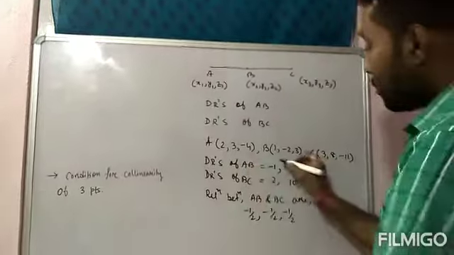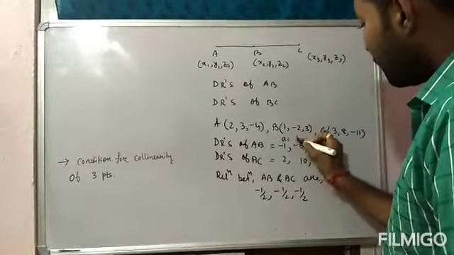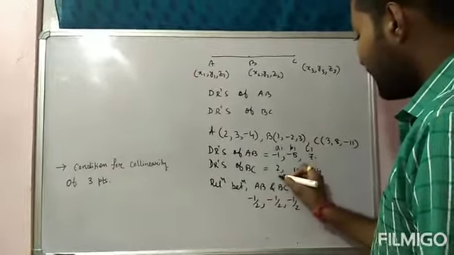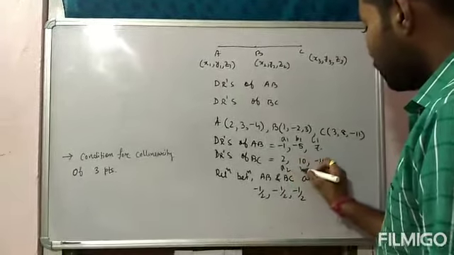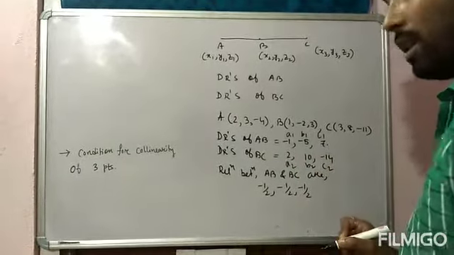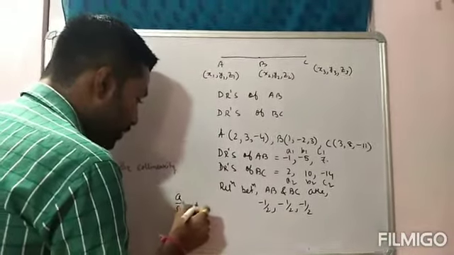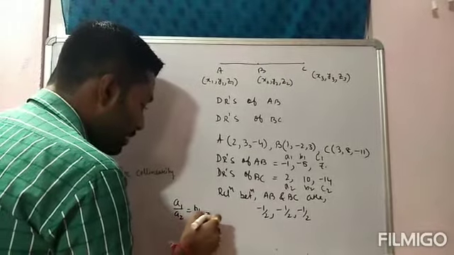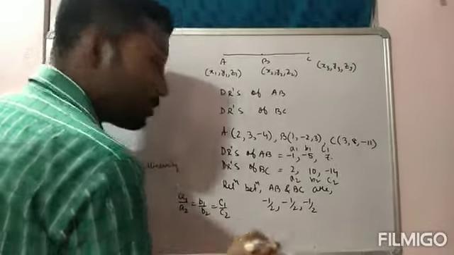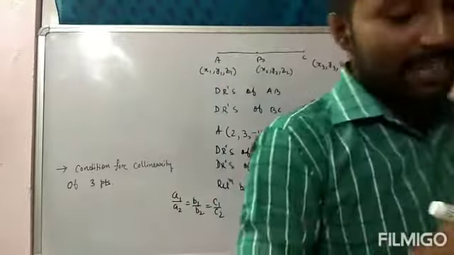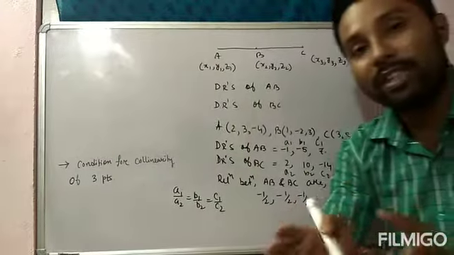Let the direction ratios of AB be A1, B1, C1, whereas the direction ratios of BC be A2, B2, C2. Then if A1 by A2 is equal to B1 by B2 is equal to C1 by C2, then only we can say that the 3 points are collinear.